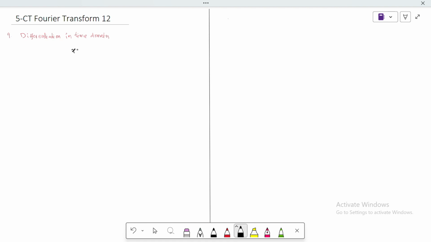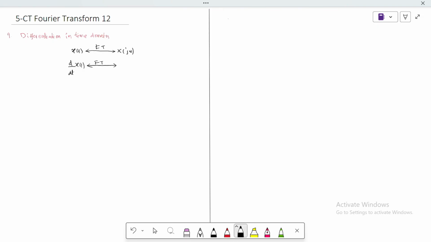If x(t) has Fourier transform X(jω), then what is d/dt of x(t)?